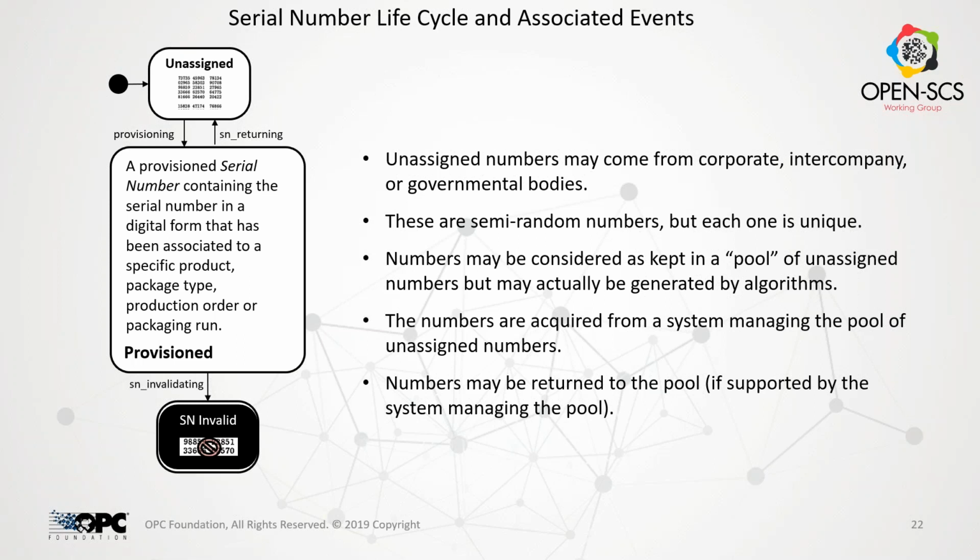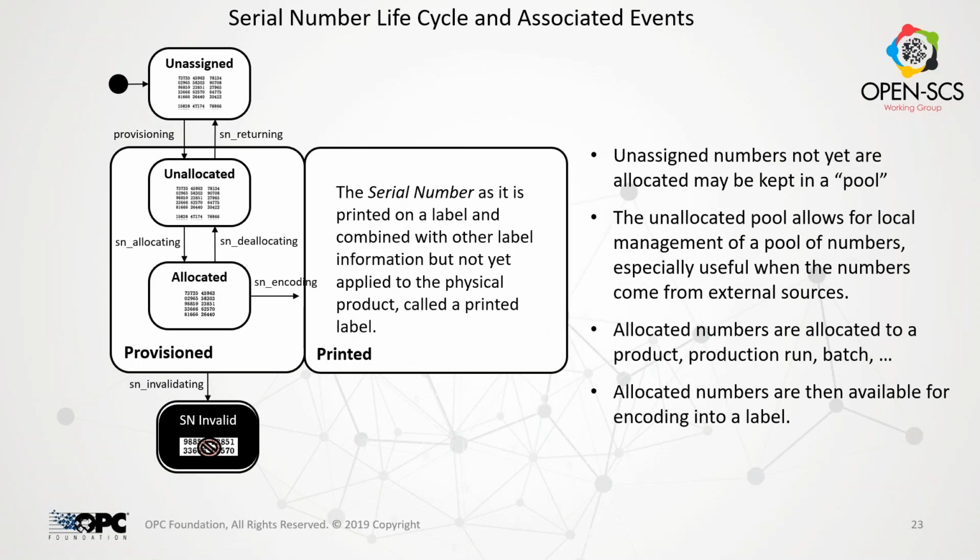So what we're calling the next state from unassigned is provision. In the provision state, they can be unallocated, which means they're not yet allocated to a batch or a production run. In many cases this happens when I have multiple production lines or packaging lines, but one system that's in charge of them and running them all.